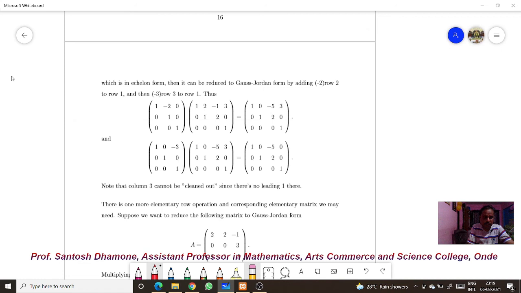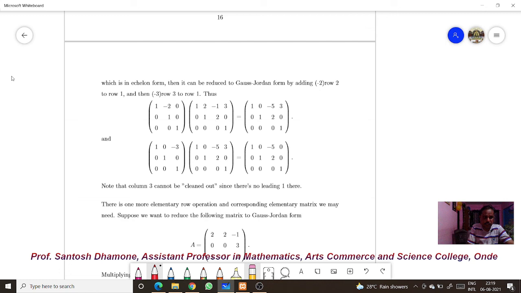There is one more elementary row operation and corresponding elementary matrix we may need. Suppose we want to reduce the following matrix to Gauss-Jordan form.